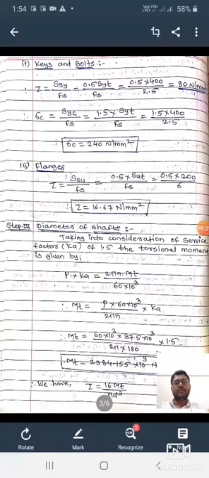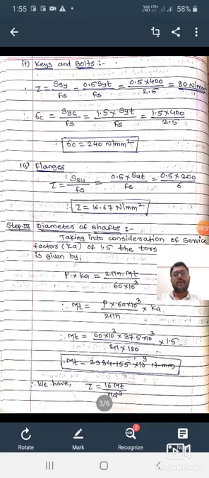Next step is to find the diameter of shaft. How to find the diameter of shaft? By taking into consideration the service factor Ka of 1.5. The torsional moment is given by P into Ka, that is equal to 2 pi n Mt upon 60 into 10 raised to 3.